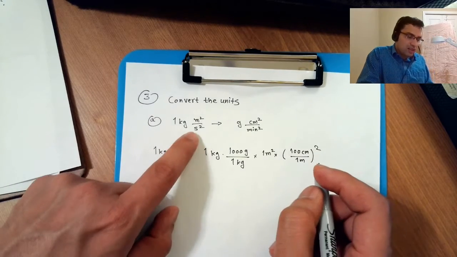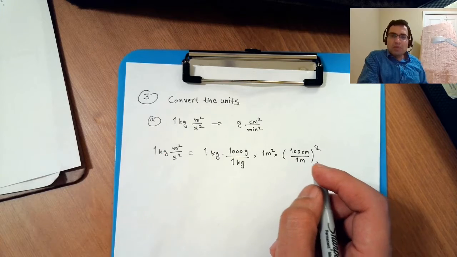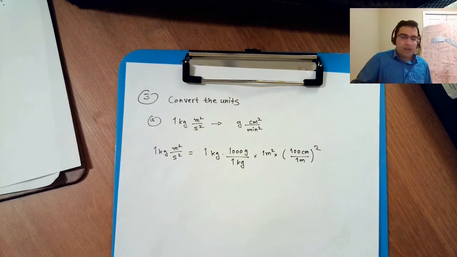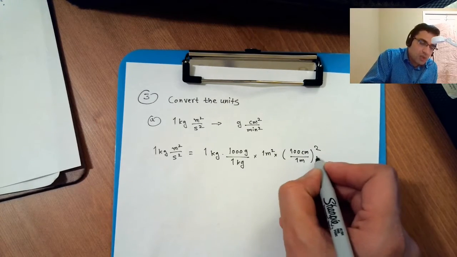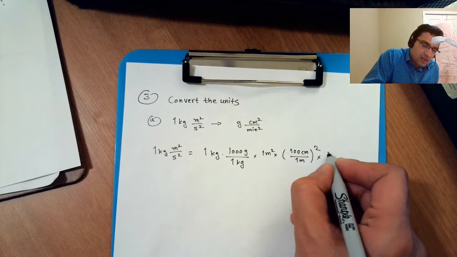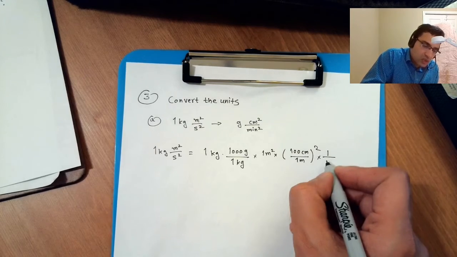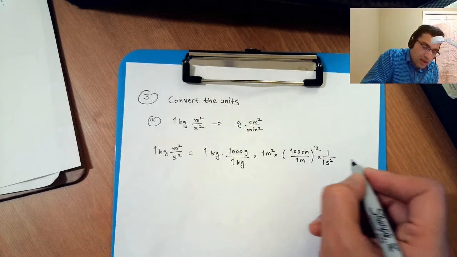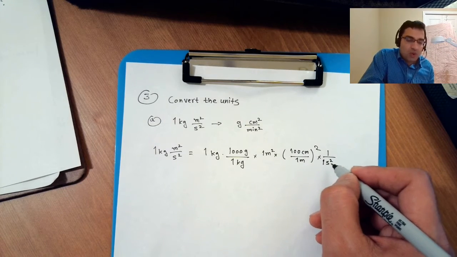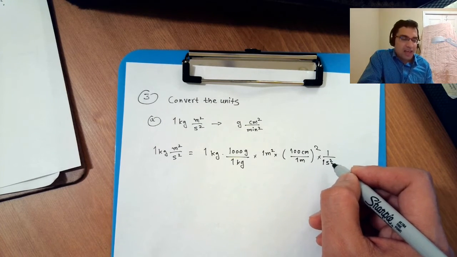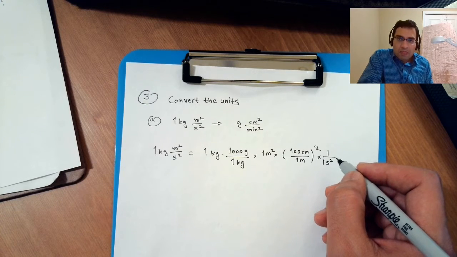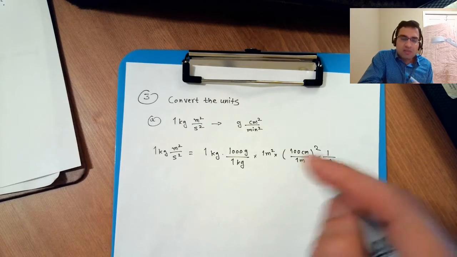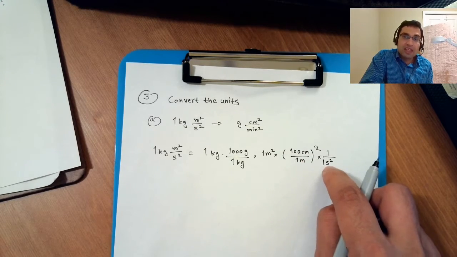How about this second square? Now, this is in the denominator. So far, we didn't deal with any that were in the denominator, but that's okay. That's not really different. You have second square, so it's 1 divided by 1 second square. Now you want to get rid of second and introduce minute, but it has to be inverted because the second is in the denominator.